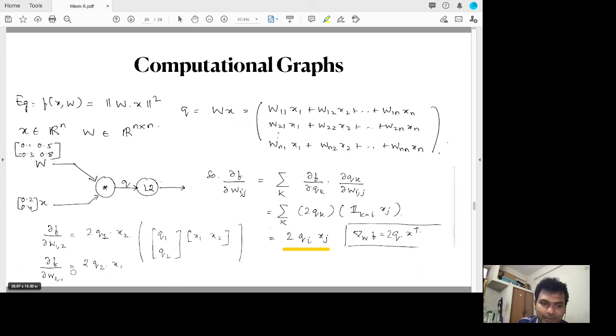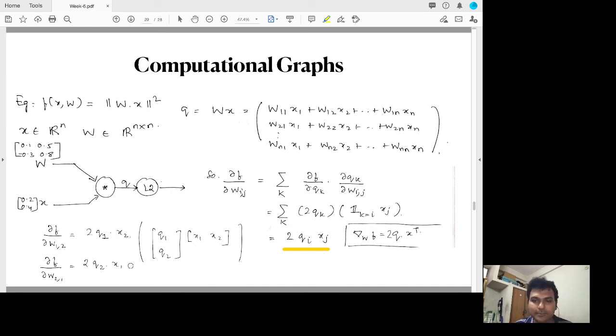I have given you two examples here: dou f by dou w12, if you go by this equation, is 2q1 into x2, and dou f by dou w21 is 2q2 into x1. So if you do q into x transpose, you will get these values. Just take it from me.